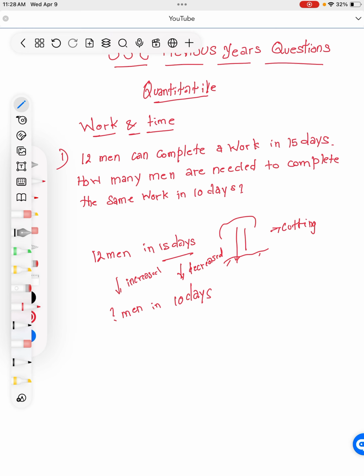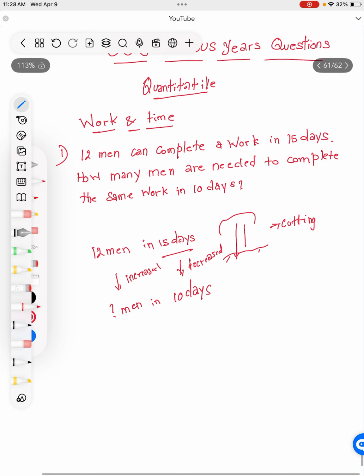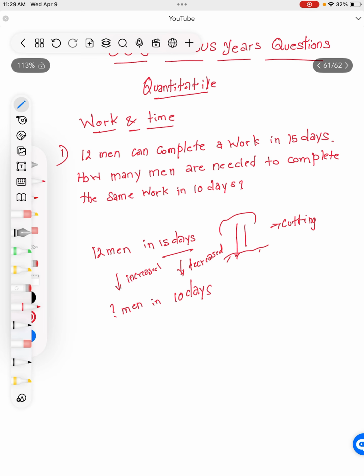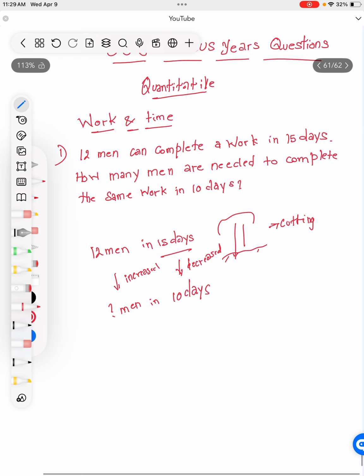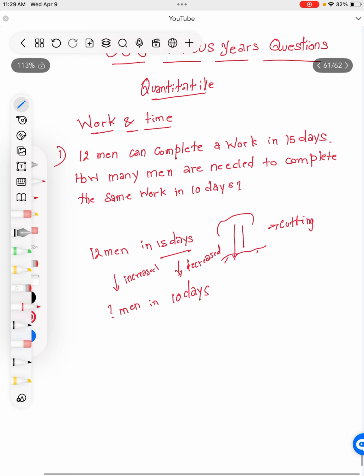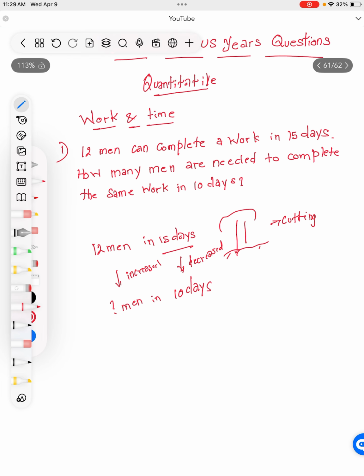Okay, so now let us solve the question. Here you can see, if 12 men do the work for 15 days, the work will be completed, right?